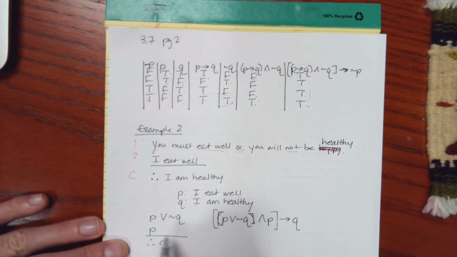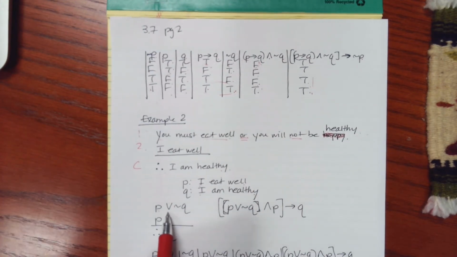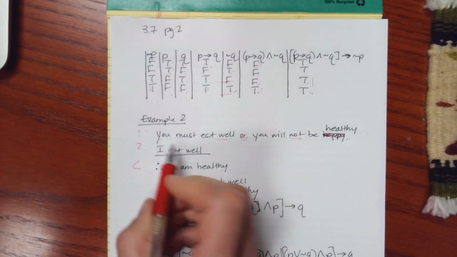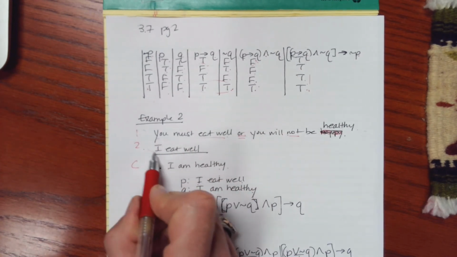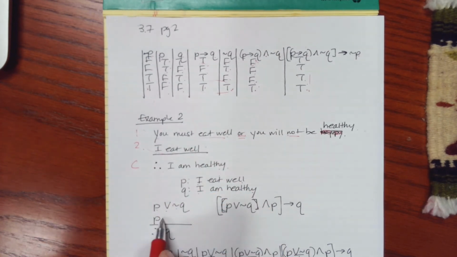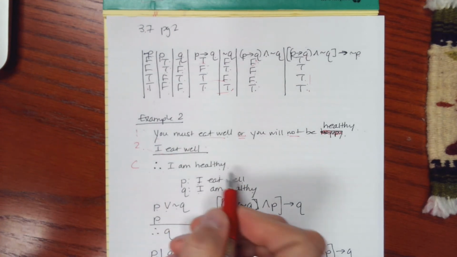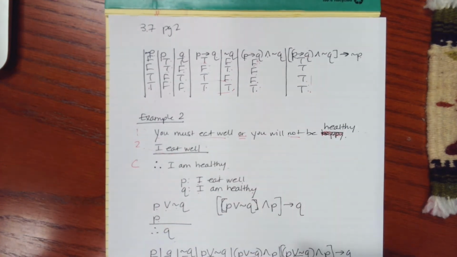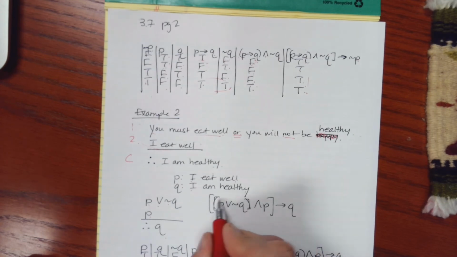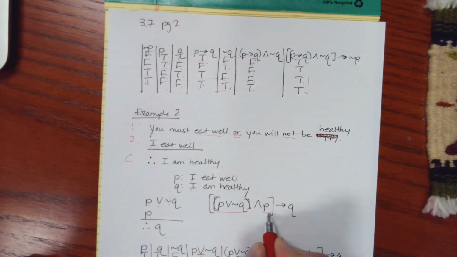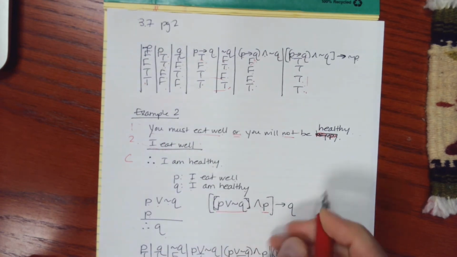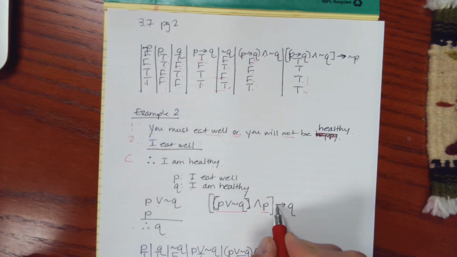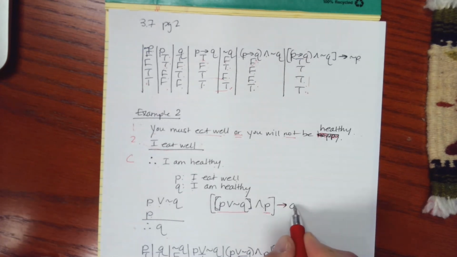So I wrote this symbolically as P or not Q. The second premise is I eat well, so that's just P, and the conclusion is I am healthy, so that's Q. So when we take our first premise and our second premise and we join them in a conjunction, this is the compound statement symbolically, and then that becomes the antecedent in a conditional statement, and we're going to check to see if that is true when Q is the consequent.